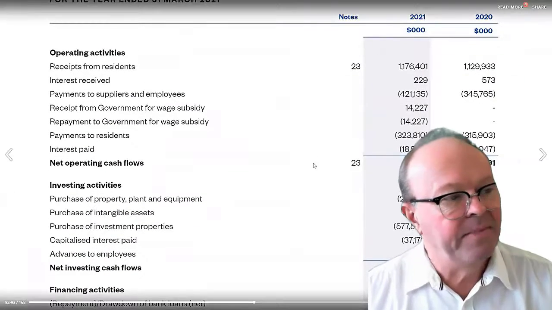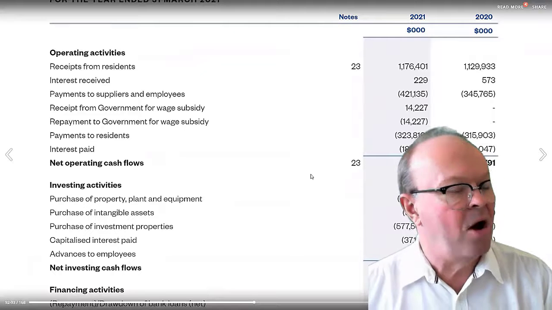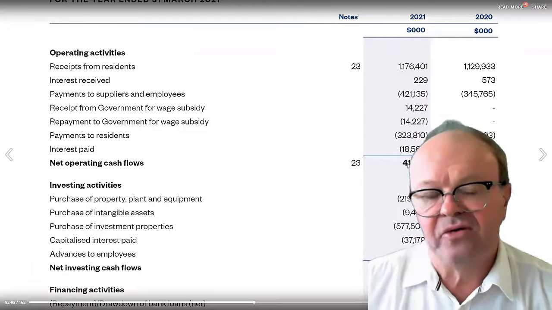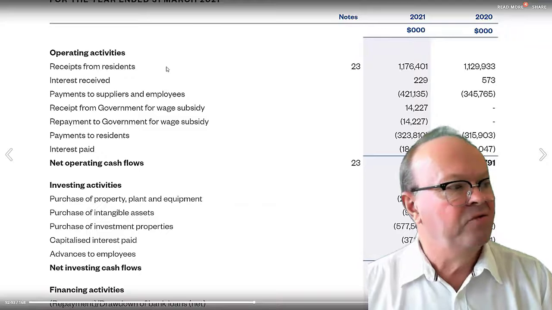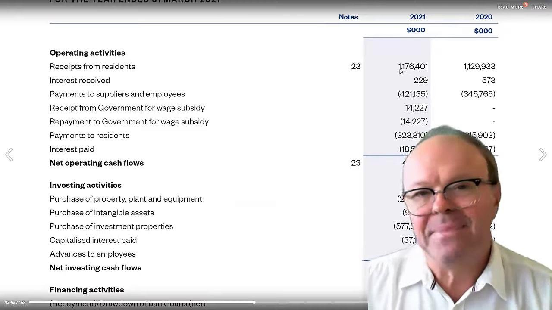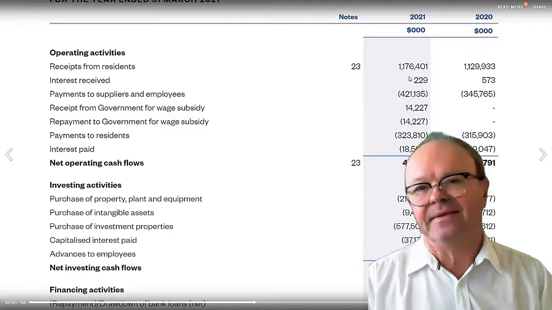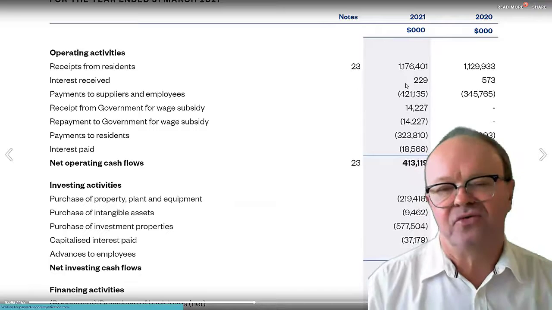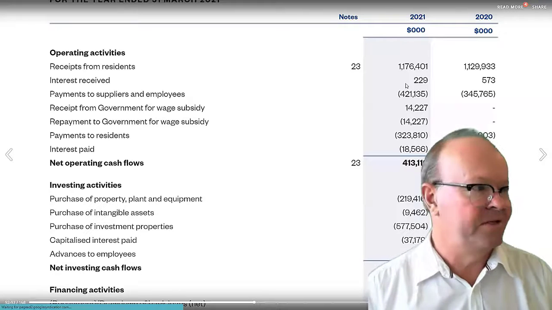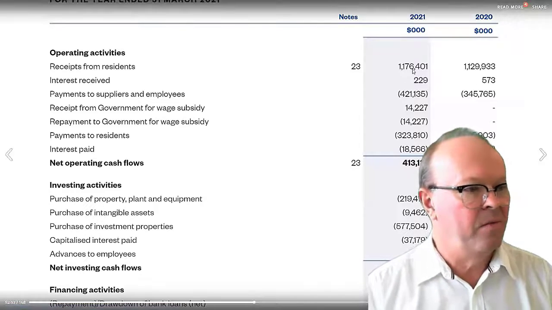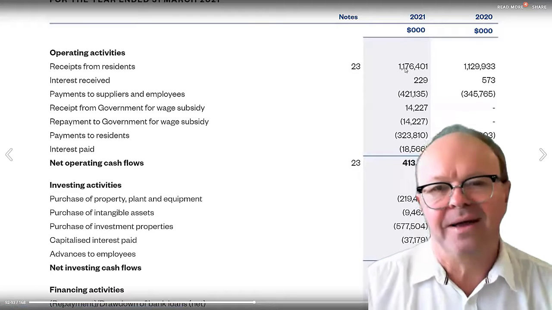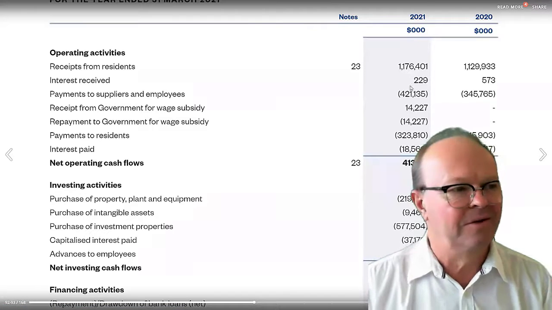And the way that Ryman Healthcare got there was operating cash flows of 413 million positive. Receipts from residents, 1,176 million. That was selling occupation rights to residents. So they got primarily nearly $1.2 billion.